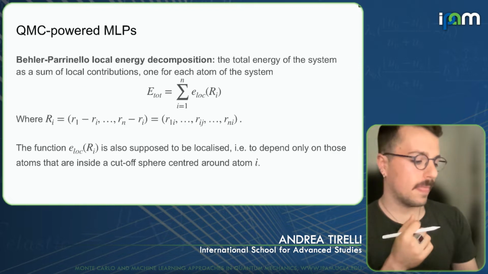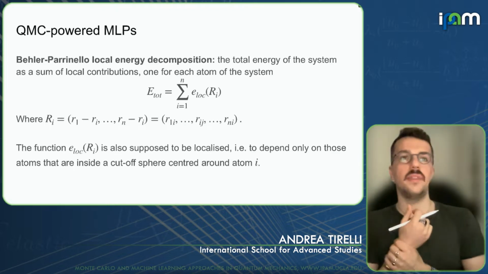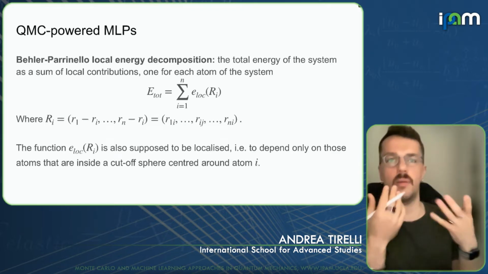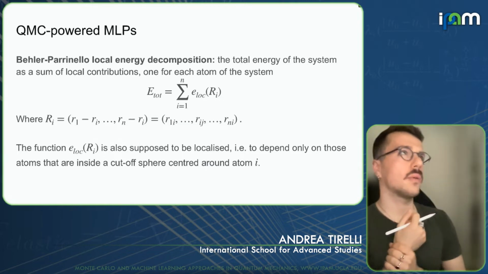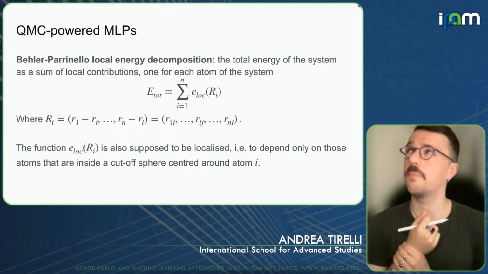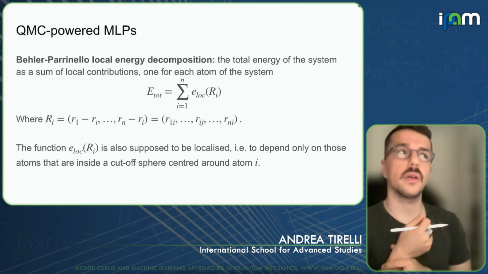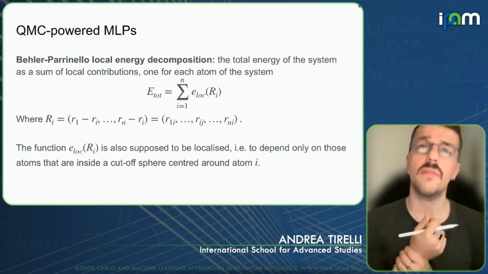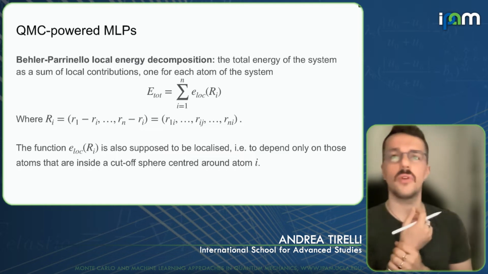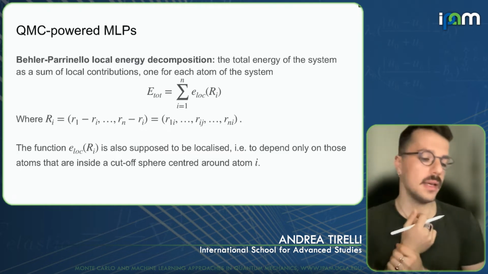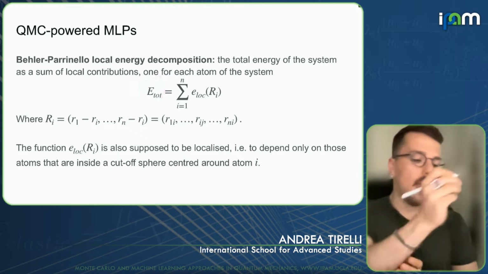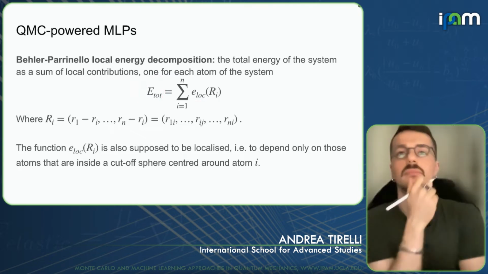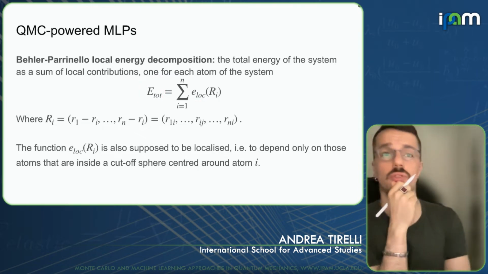The BP ansatz, which is how I'm going to call this decomposition, has been around for quite a while. The first paper was in 2007, if I'm not mistaken. So it's been around for some time. And the idea is that we can decompose the total energy of the system as a sum of local energy contributions.